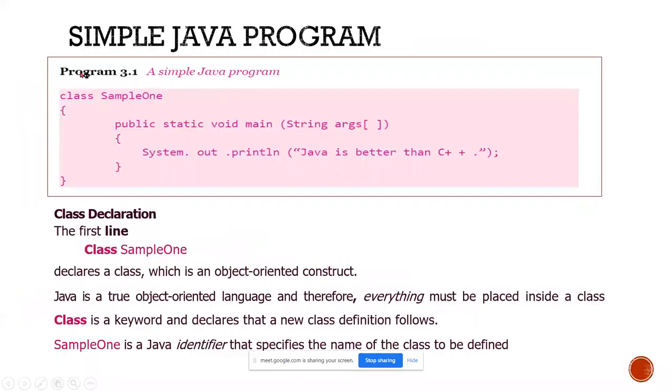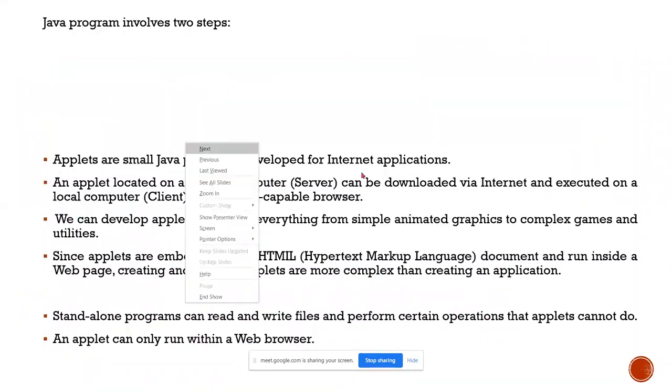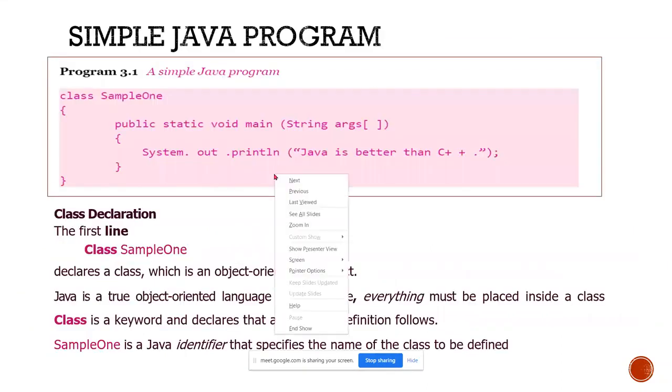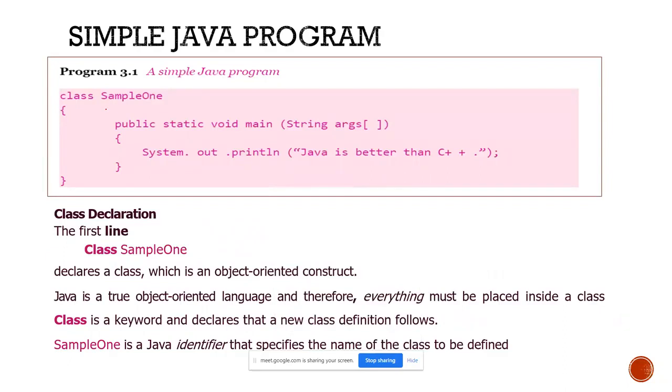So this is a simple Java program. The name of the class is sample1, and the class has public static void main, and the code is only a simple line, System.out.println, Java is better than C++. Already you have learned C and C++.